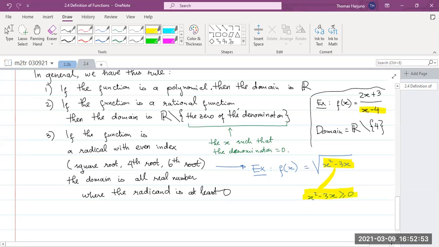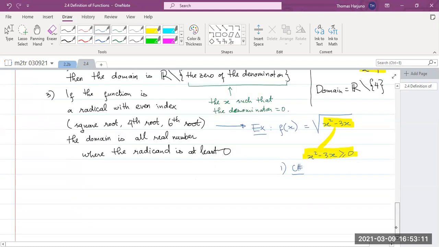Because it's a polynomial inequality, you need to go with step 1, critical numbers: x squared minus 3x equals 0, x(x minus 3) equals 0, x equals 0, x equals 3.